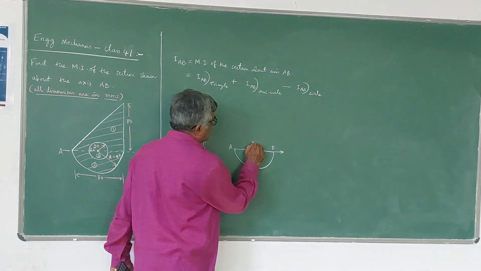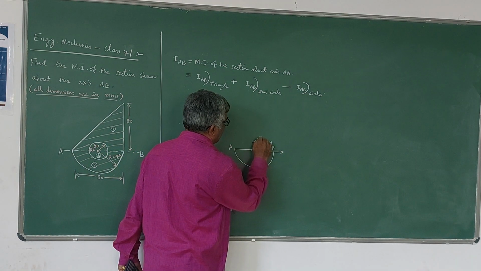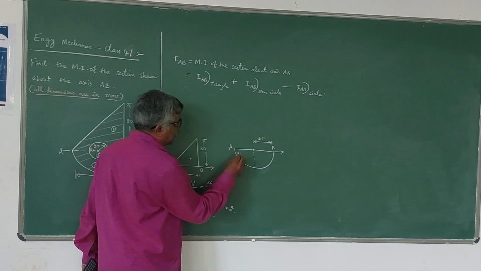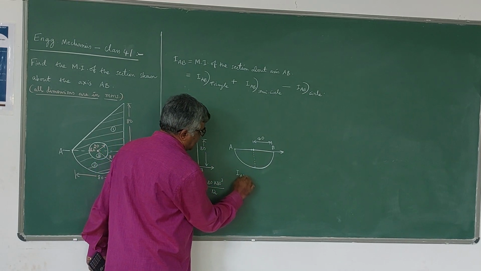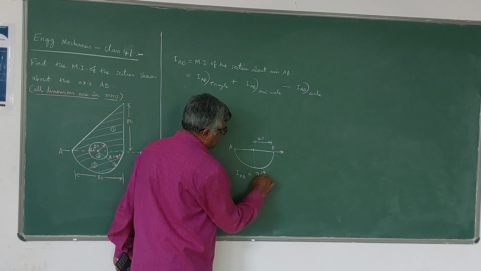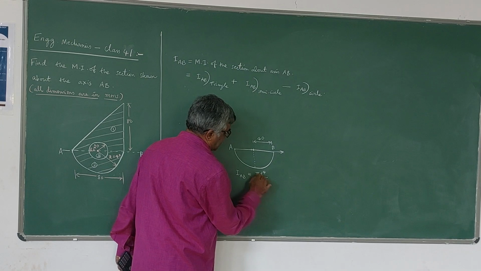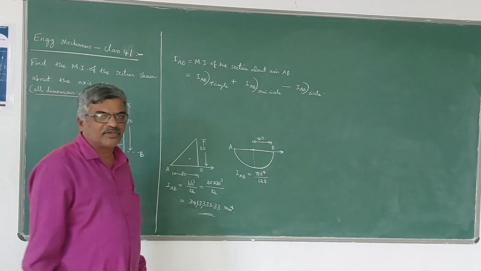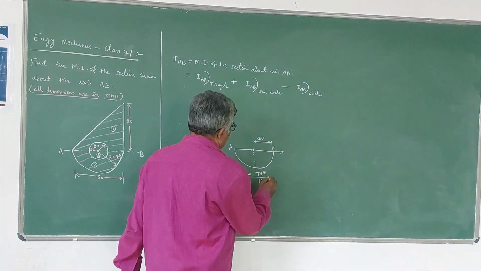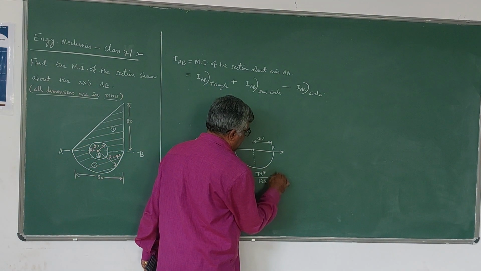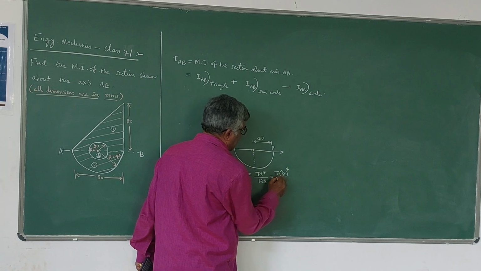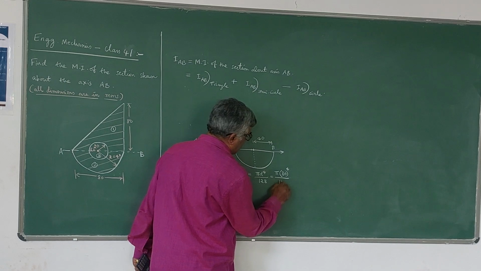Now the radius, he has given the radius as 40 mm. So in this case, the moment of inertia of the semicircle about the diameter axis AB, you know the formula, it is pi d power 4 by 128. For a circle it is pi d power 4 by 64. For a semicircle it is half of that. So you can use pi into, since the radius is 40, the diameter becomes 80. In terms of diameter I can write pi into 80 power 4 divided by 128.